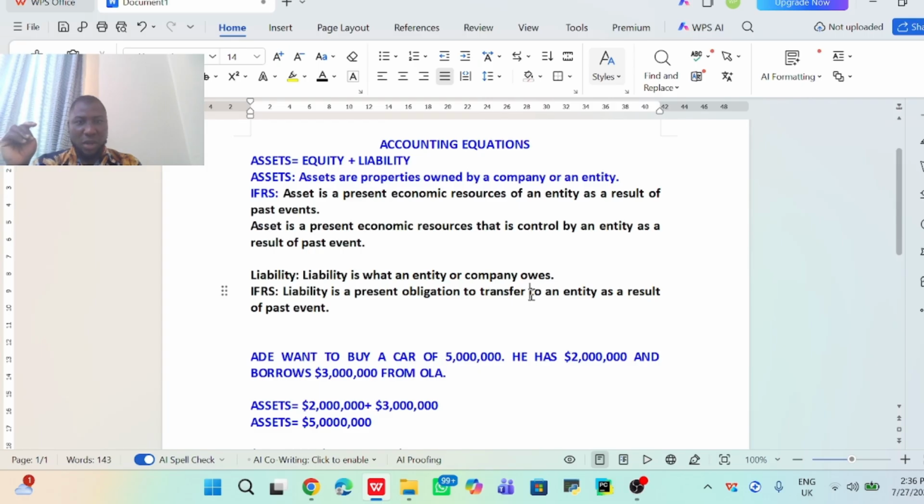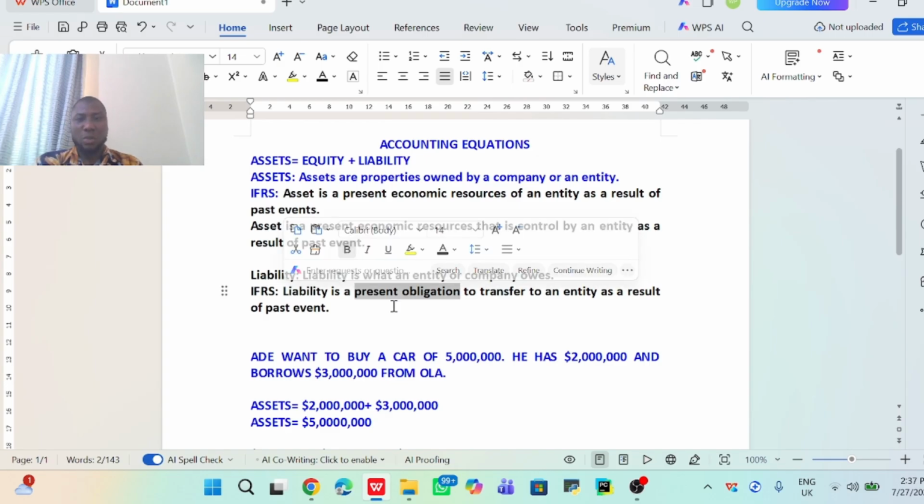You borrow money from someone, it is a present obligation: what you have to settle now. You have to pay the person now, or you borrow it now, so it's a present obligation.